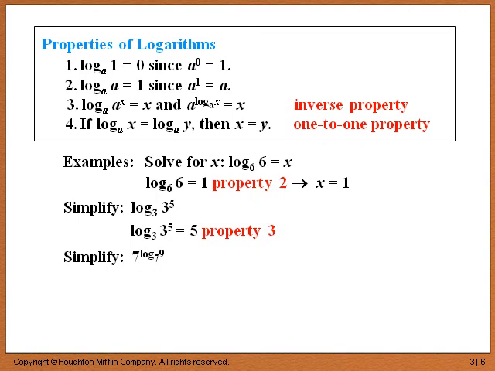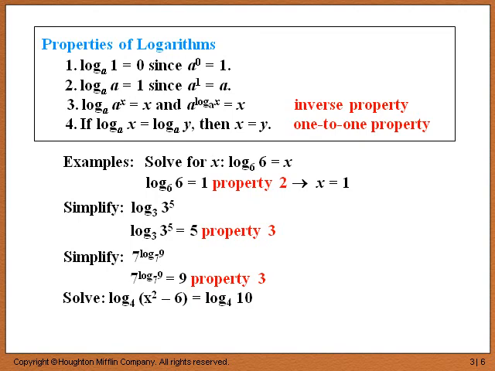How about this? Simplify 7 to the log base 7 of 9. Pause the video and do it on your own, then resume. You should have come up with 9, again using property 3, the inverse property.